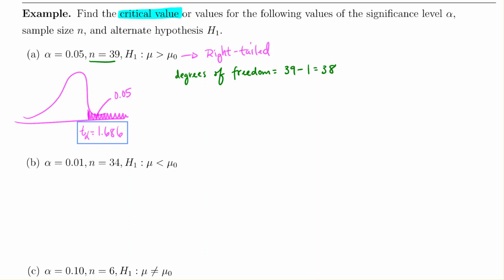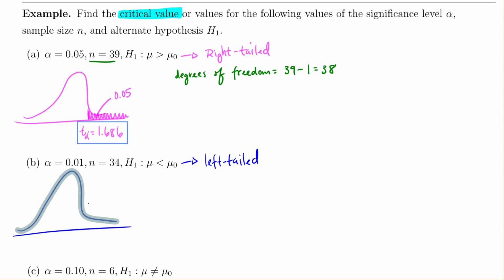So for our next example, we see alpha is 0.01, n is 34, and then based on how we would phrase this, mu is less than or equal to mu naught, we know this is a left-tailed test. So as I draw my normal distribution sketch, try to make it look a bit more symmetric.